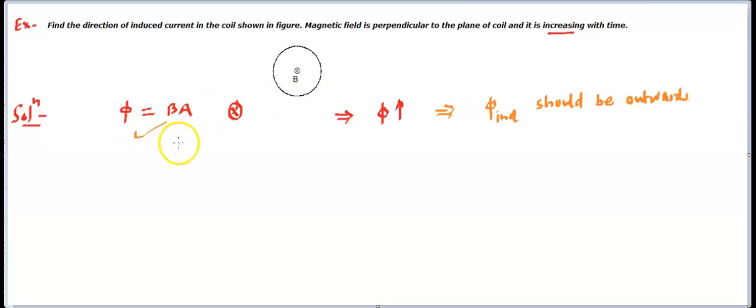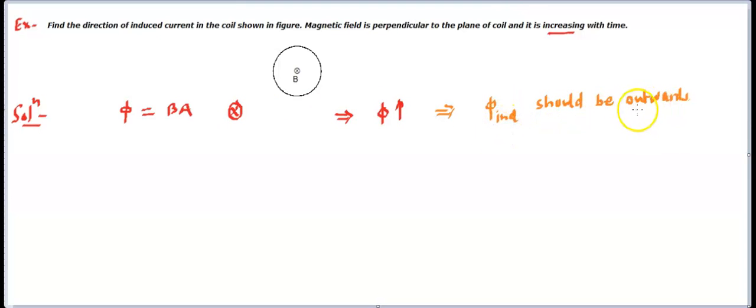Because this flux which is increasing is inwards, and to oppose this increasing flux, we have understood the rule. If the flux is increasing, then induced flux should be opposite to that, and opposite will be outwards. Making sense?